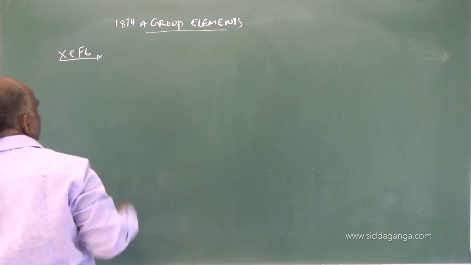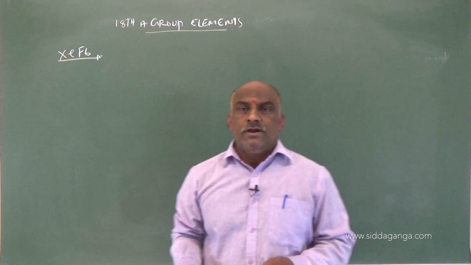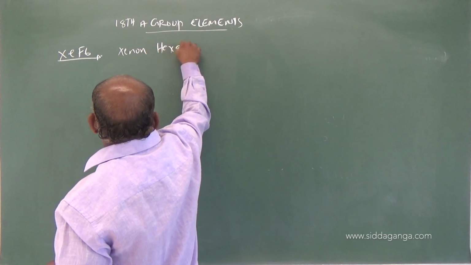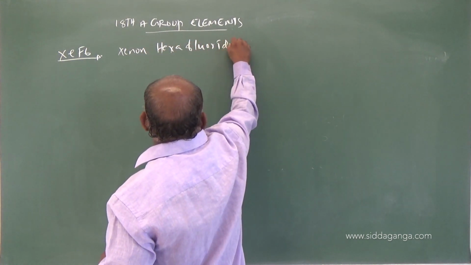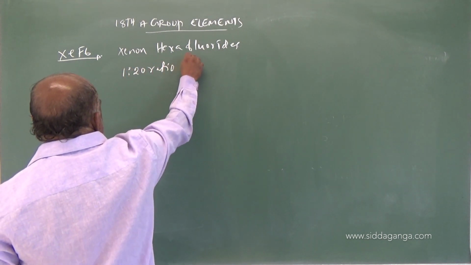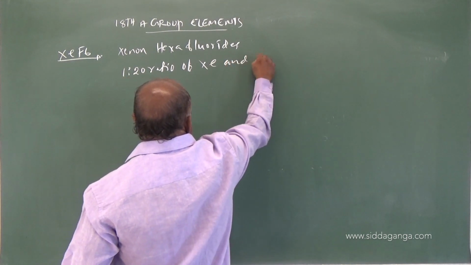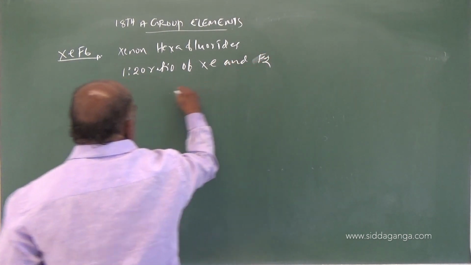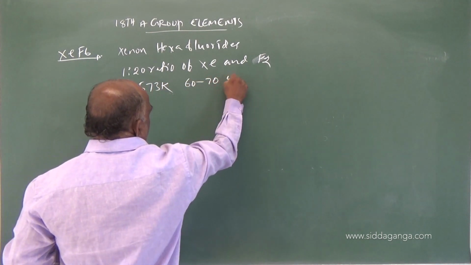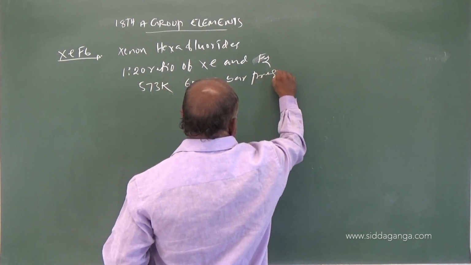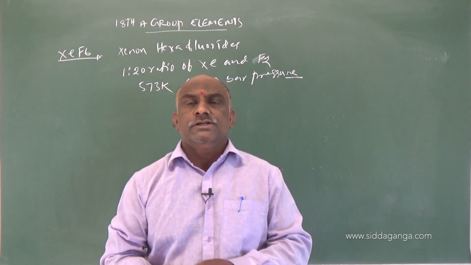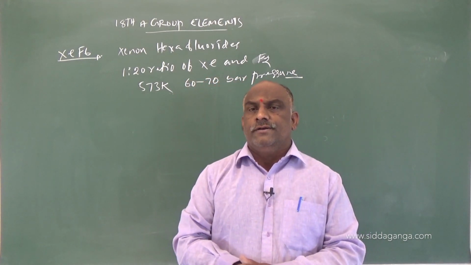XeF6, xenon hexafluoride, very important, my dear students. Here a 1:20 ratio of xenon and fluorine, at 573 Kelvin temperature and 60 to 70 bar pressure, are the suitable conditions to prepare xenon hexafluoride.